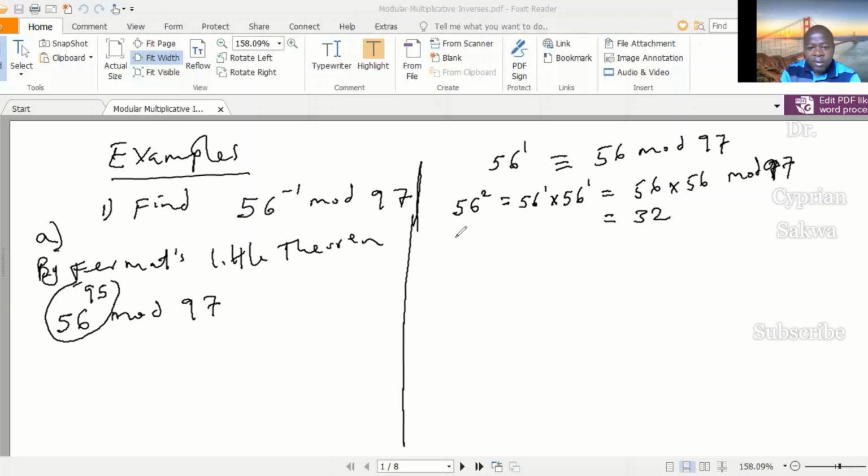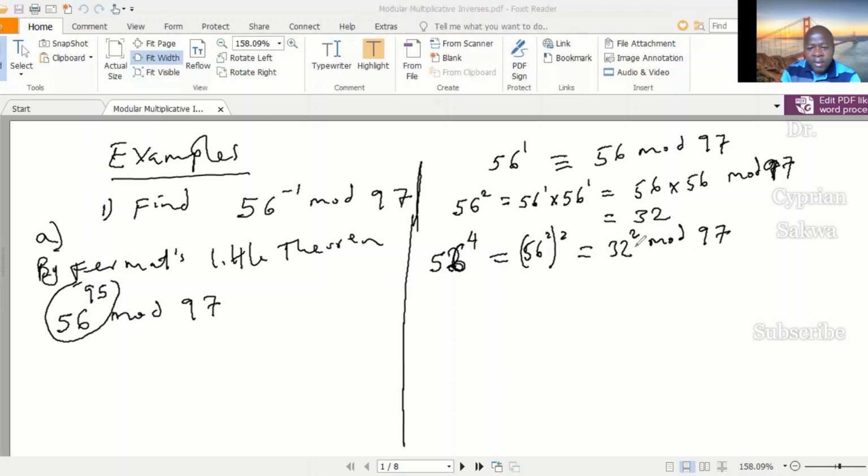Now, what about the square of this? The square of 56 squared is 56 raised to 4. So 56 raised to 4 is the square of 56 squared. But 56 squared is 32, so we have 32 squared mod 97.